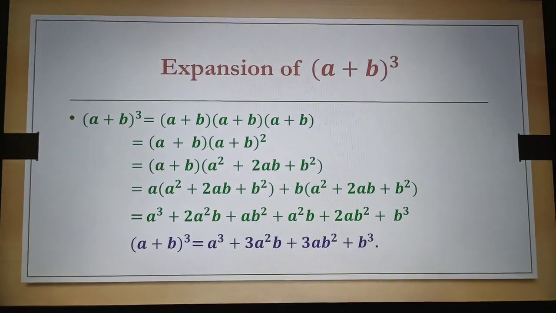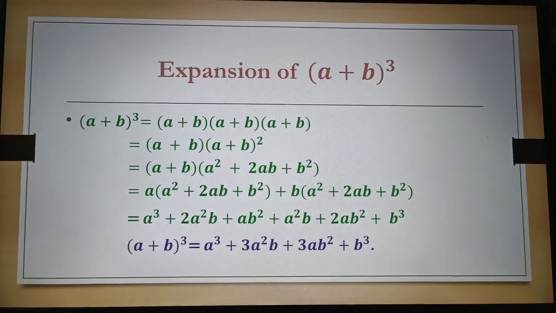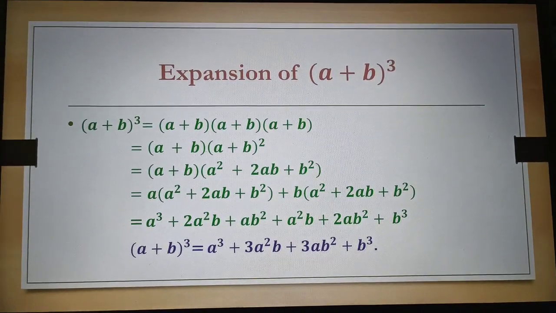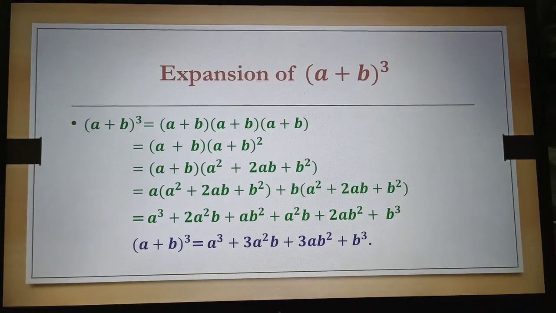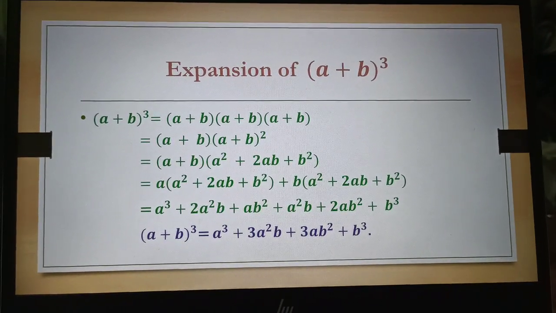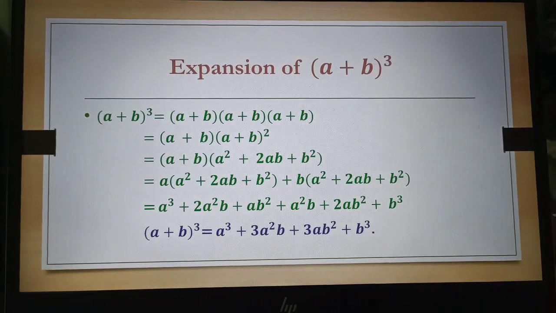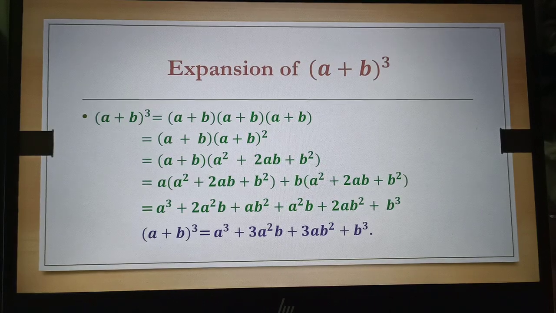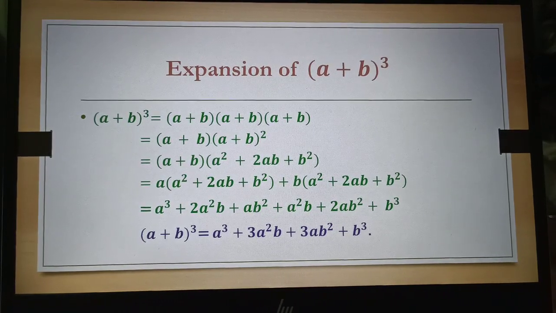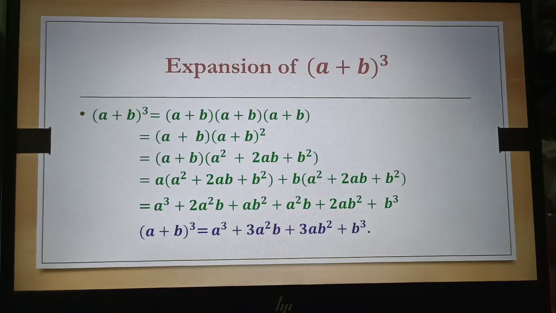And look at the third term, ab square, and the next term is plus 2ab square. So add these two, we got the answer 3ab square, plus the last term b cube. So finally we got the identity a plus b the whole cube is equal to a cube plus 3a square b plus 3ab square plus b cube.